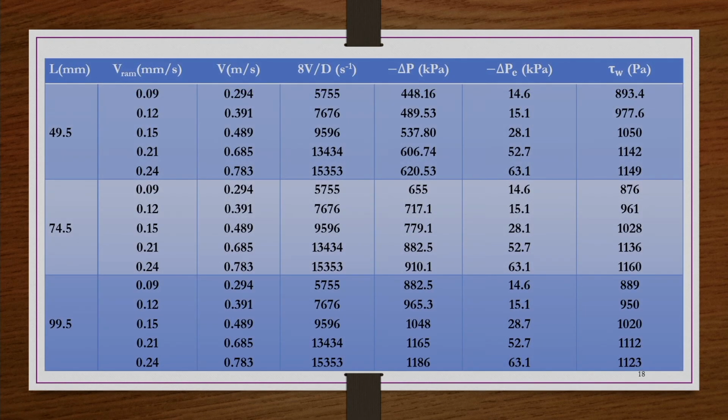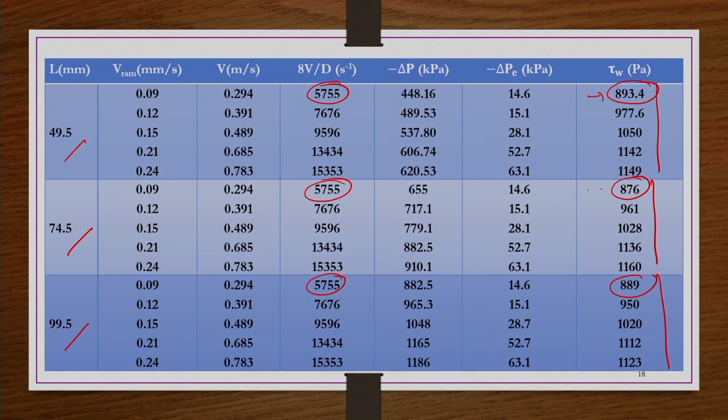Likewise, if you do for all other cases, you will get tau w values for different capillaries like this. Now, you see when 8V by D is 5755, even if you change the length of the capillaries after incorporating the correction, what is the tau w that you can see? 890, 875, 890 like that.